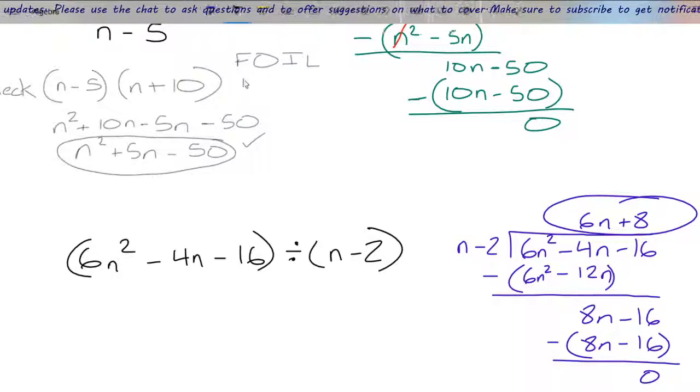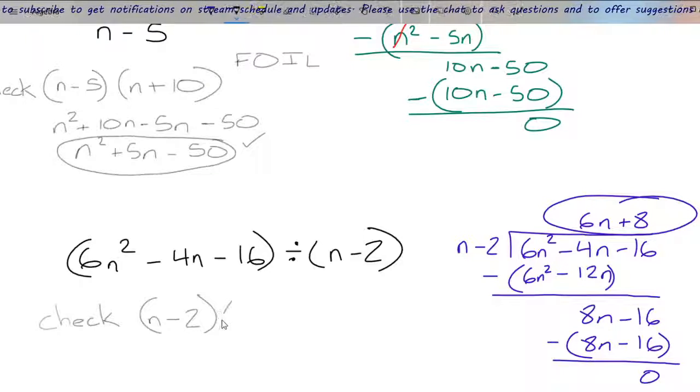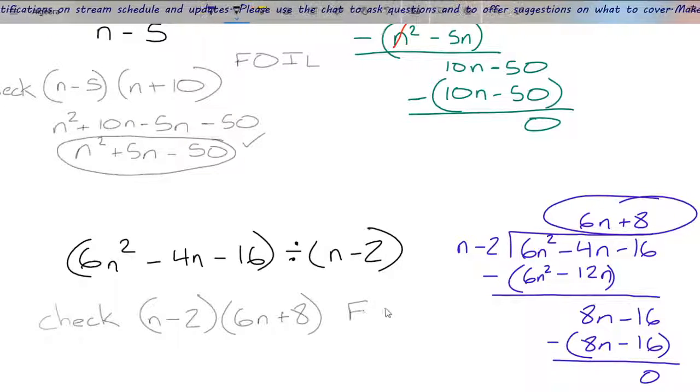And again, if you wanted to check, you'll take what our divisor was, so this n minus 2, and multiply it by our answer. So let's do that real quick. This is our check. We take what we divided by and multiply what our answer was, and we're going to use FOIL. First, outer, inside, or inner, last. First, n times 6n, 6n squared.